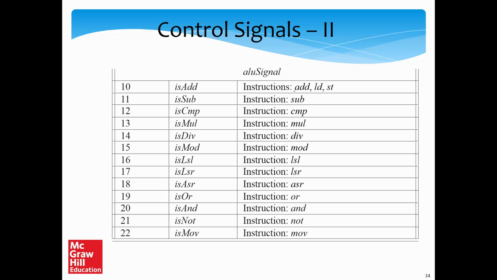That holds true for the add instruction as well as the load and store instructions, because it's necessary to add the offset to the contents of the base register. Then we have the sub instruction: subtract, compare instruction, multiply, divide, modulo, the three shifts, or, and, not, and move. Whenever the instruction is any one of them, we generate an appropriate signal.